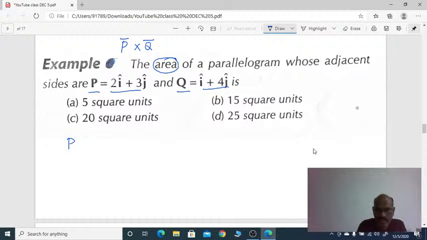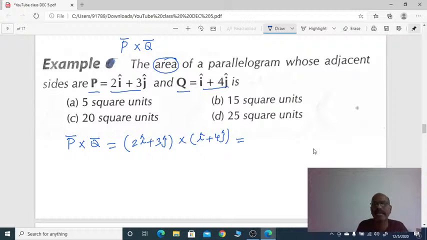So the area of the parallelogram is the side P into side Q. The two vectors given are 2i cap plus 3j cap cross into i cap plus 4j cap. I can do this by the matrix method.